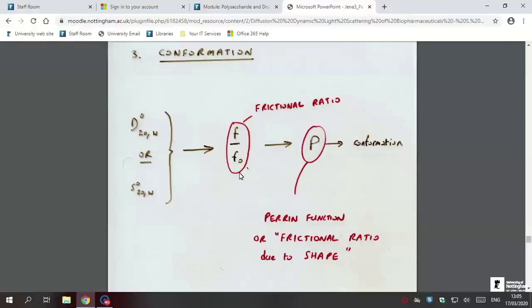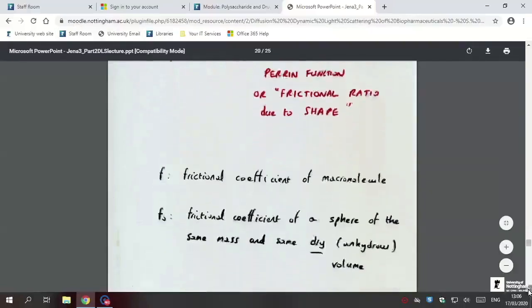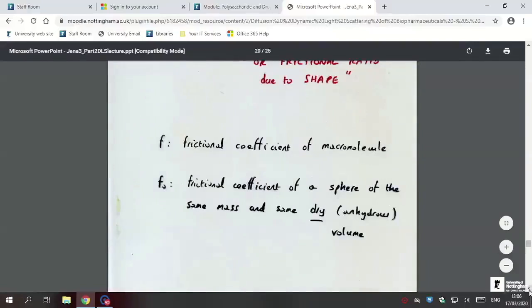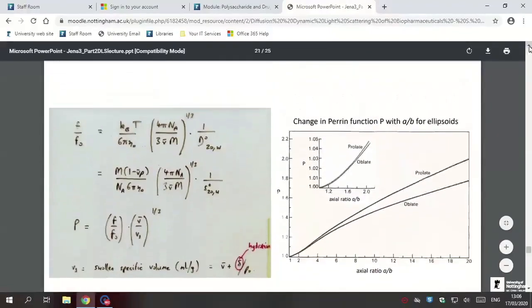And then, having corrected for the swelling due to hydration or water association, we end up with this parameter, which is a function only of conformation, the Perrin function. So I've just said all that, and these are the formulae which help us get the frictional ratio from either the diffusion coefficient here, don't forget after correction to standard conditions, or the sedimentation coefficient.